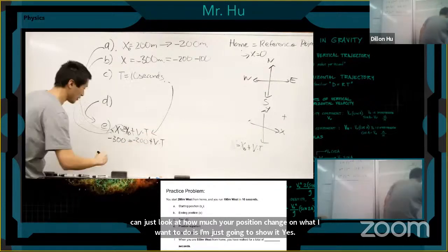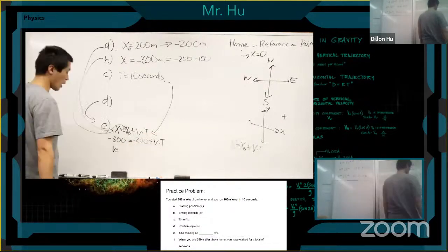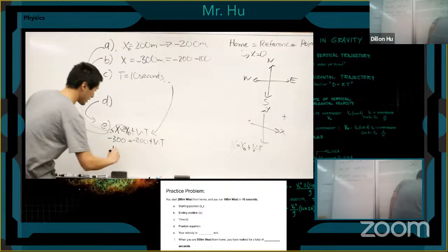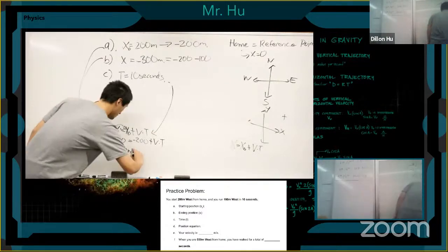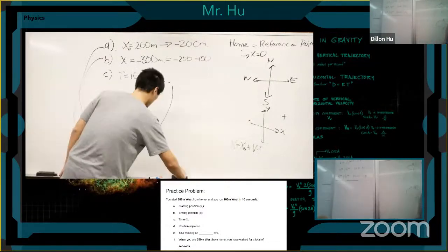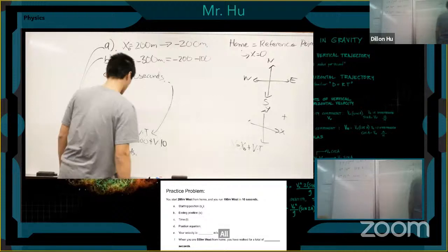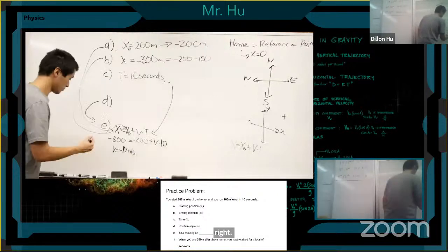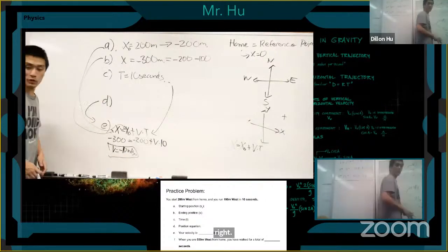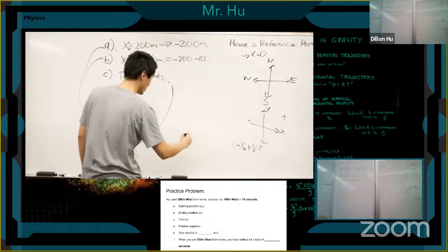If we do this, my velocity is negative 10 meters per second. You can also do this by just looking at how much the position changed. Our position changed by negative 100.